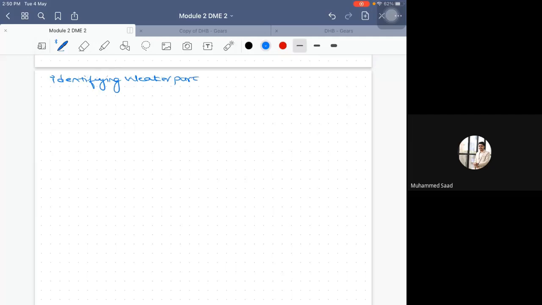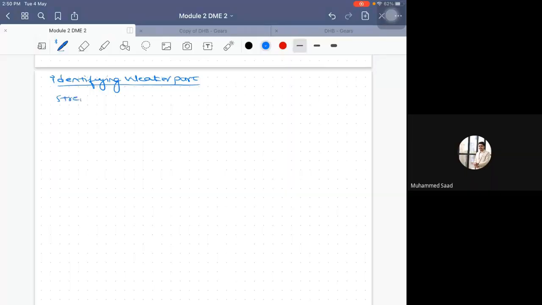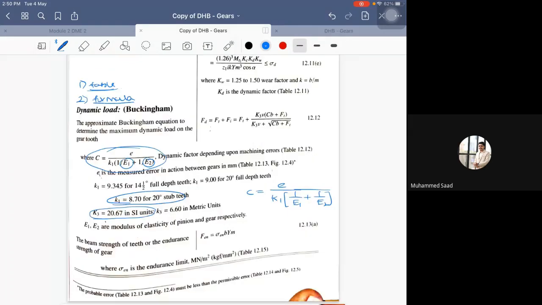Based on the strength factor, that is equal to sigma d cross y. So for 20-degree full depth involute, what is the expression for y in the data handbook?